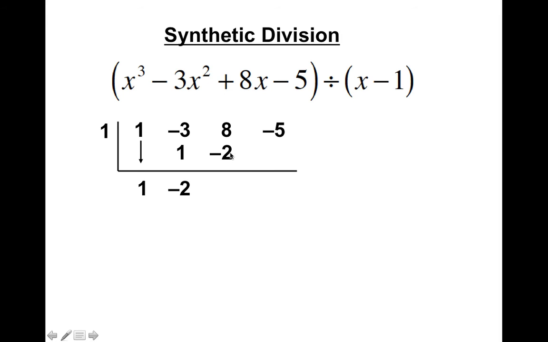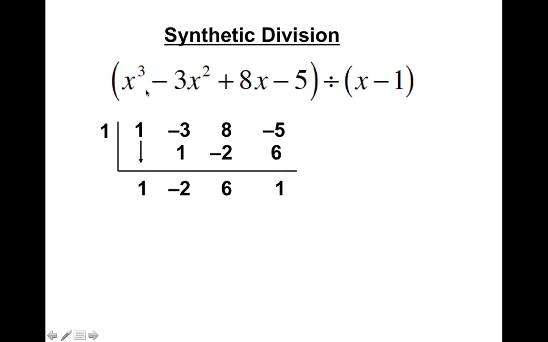8 plus negative 2 is 6. And we multiply. 1 times 6 is 6. And then we add these. Negative 5 plus 6 is 1. So these are the coefficients of our polynomial after dividing. So since we divided out an x minus 1, it is not going to be x cubed anymore.